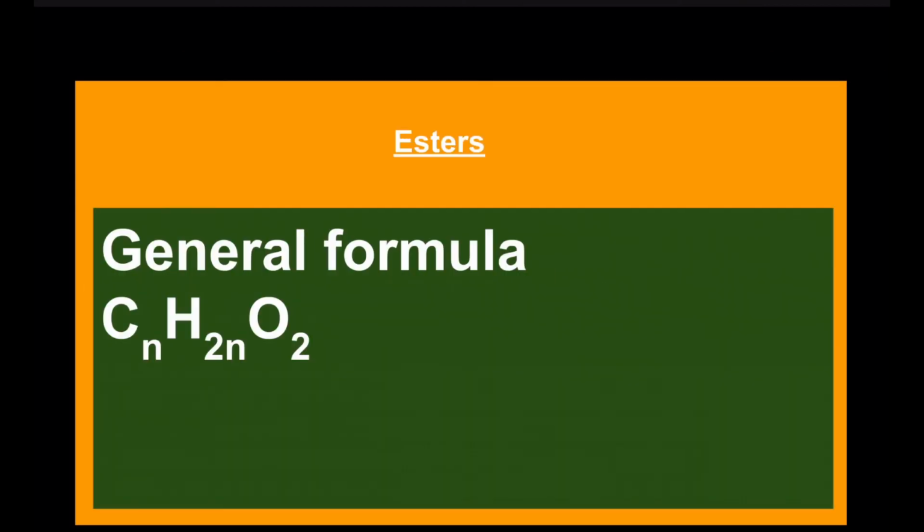Now come the esters. The general formula is CnH2nO2, and in the naming of the esters, oate is written, like methanoate, propanoate. The ester group is this, C double bond O, O. And on this, any alkyl group can be attached.